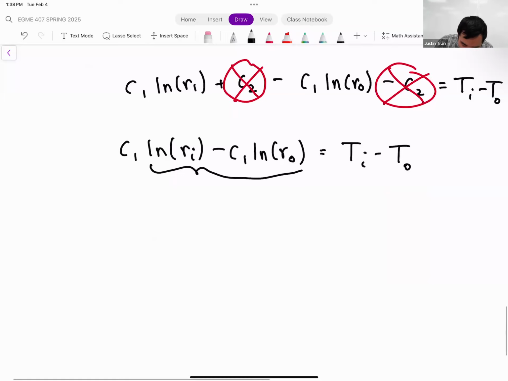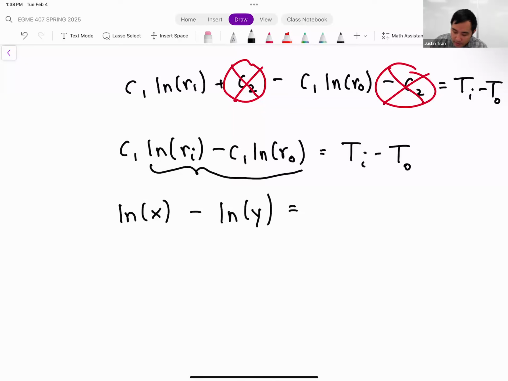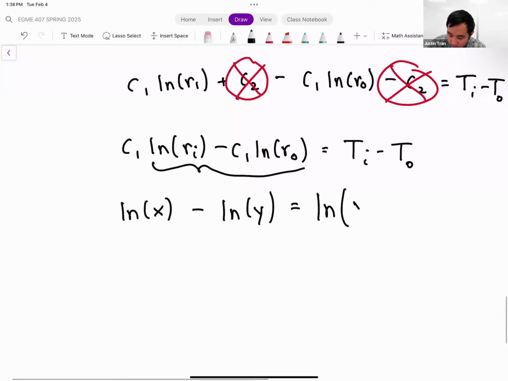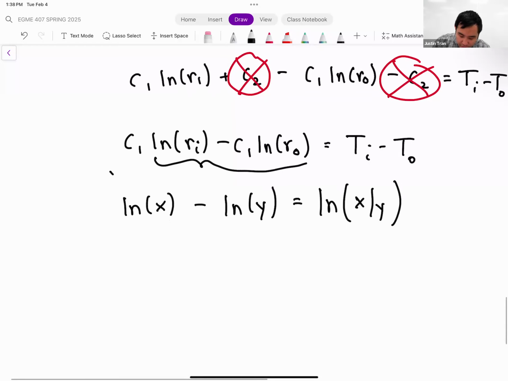If you have a logarithm of something and you subtract a logarithm of something else, you can combine these together into the same logarithm by taking the division between the two arguments. So ln of x minus ln of y is equal to ln of x divided by y.